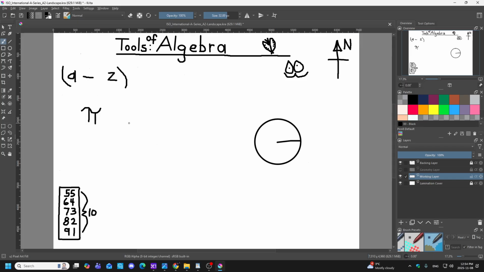Pi is actually a constant, and it is a very long constant.